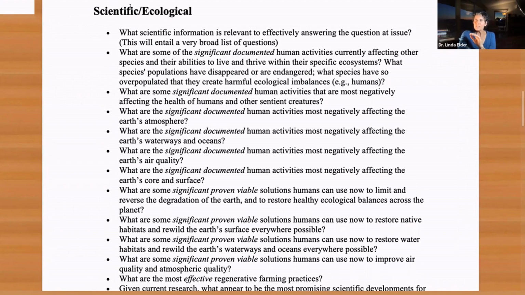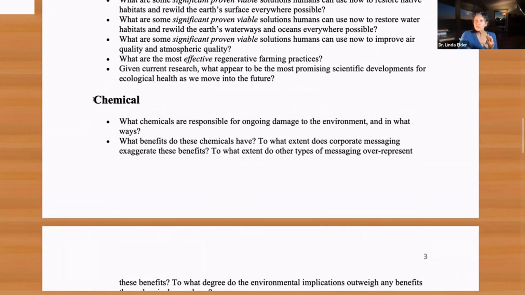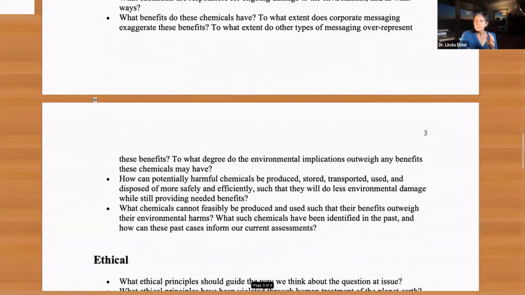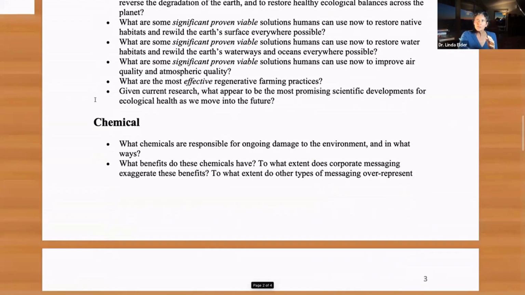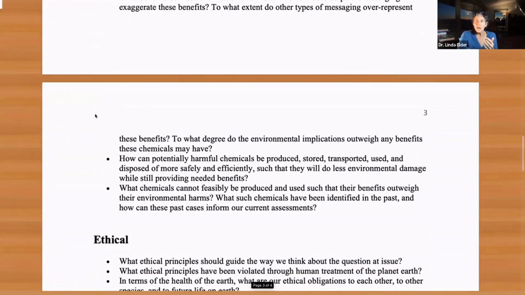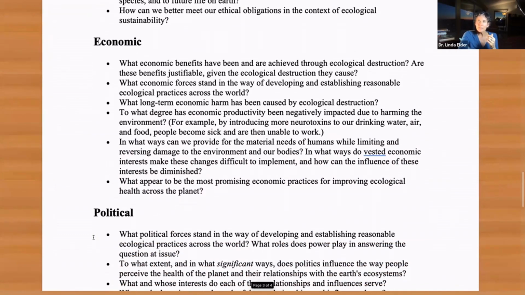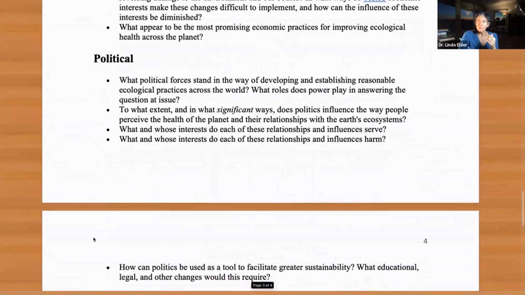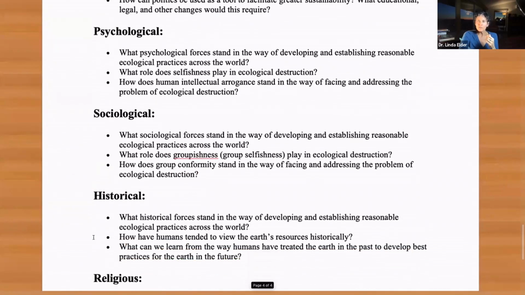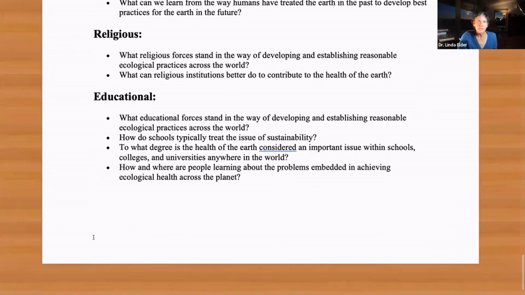So I have here scientific, ecological, chemical, which should also say scientific in front of it, because I'm just taking two of the primary domains. We would have to add the others. Then we have the ethical domain, the economic domain, the political domain, psychological, sociological, historical, religious, educational domain.